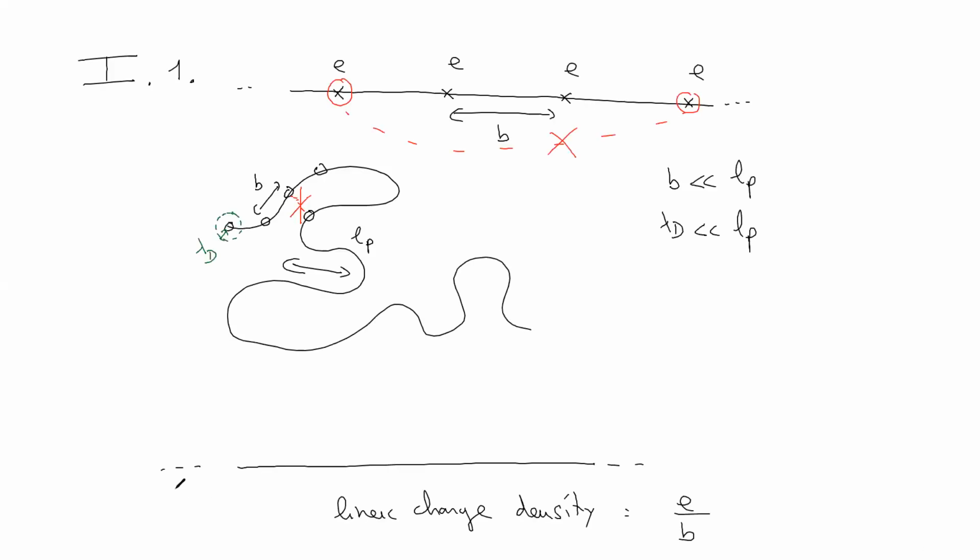So first, we would like to calculate the electric field and the potential. So we would start with the electric field by using the Gauss theorem here. And basically what we can do is to say, well, first we can evaluate the symmetries of that problem. So again, the linear density of charges is e over b.